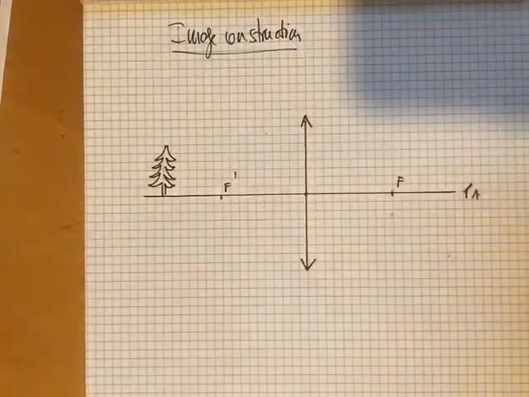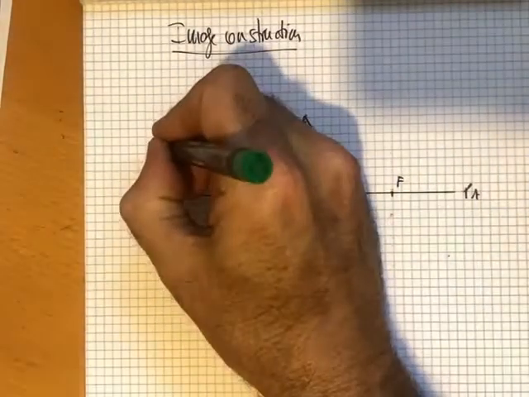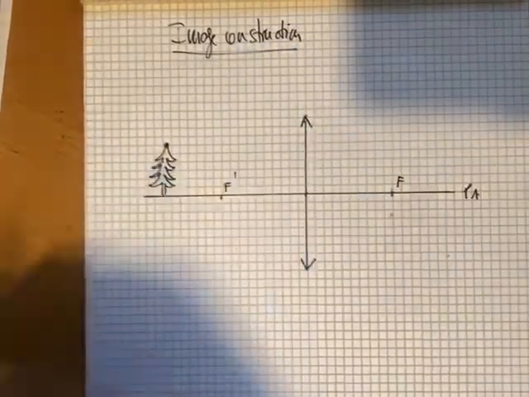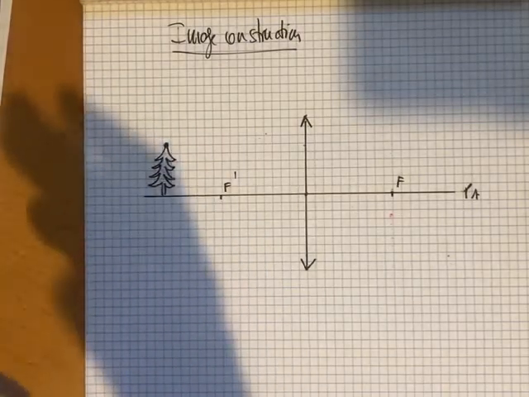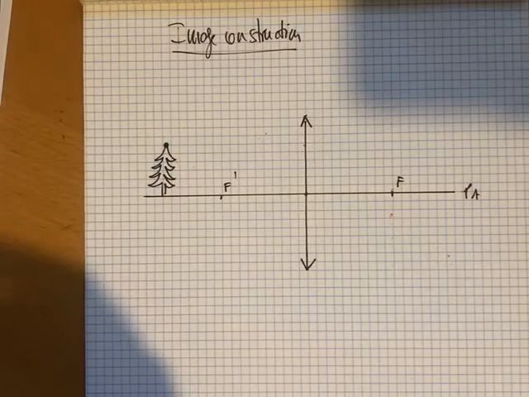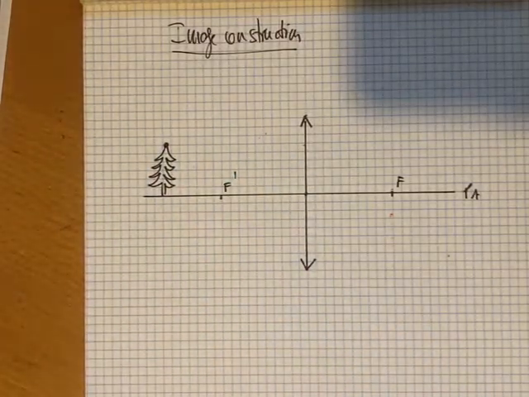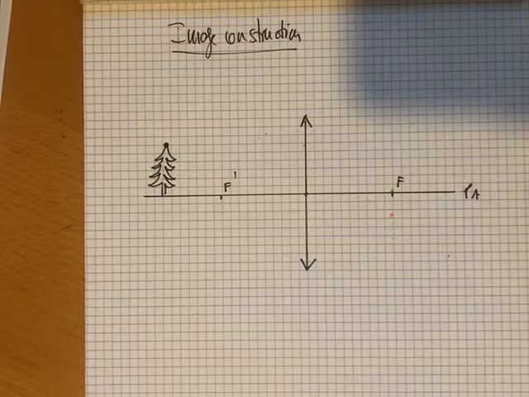So what do I do? I take 1 point on this object, knowing that the image is made up of an infinity of points, but we need to work with 1 point to start with, and for this 1 point I construct my remarkable rays.